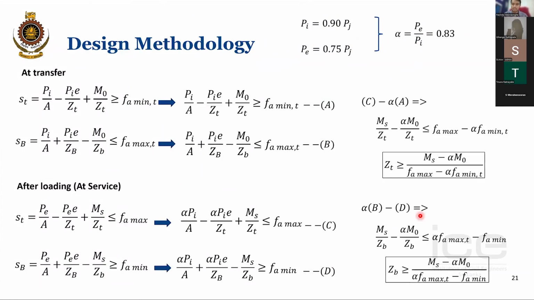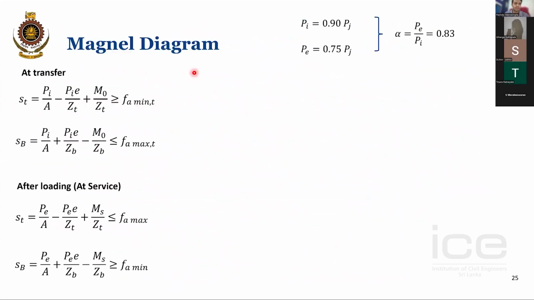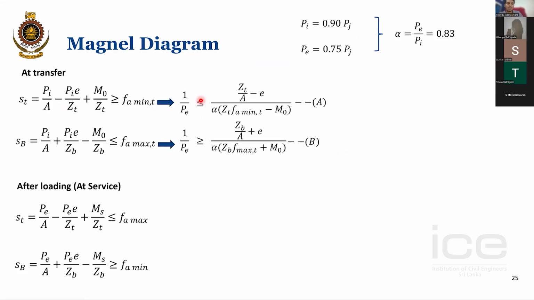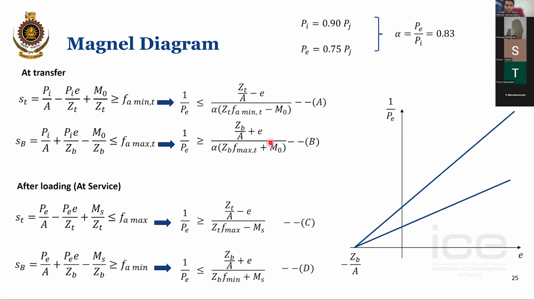So after you decide these initial section sizes, then you can construct the Magnel diagram. For the Magnel diagram you need Zt and Zb. Without them, you cannot derive the inequalities. So that is why we first determine whether Zt and Zb are adequate or not. Once you do that, you can generate these four inequalities, draw them in a graph, find these four lines, and select the region that is acceptable within these zones.